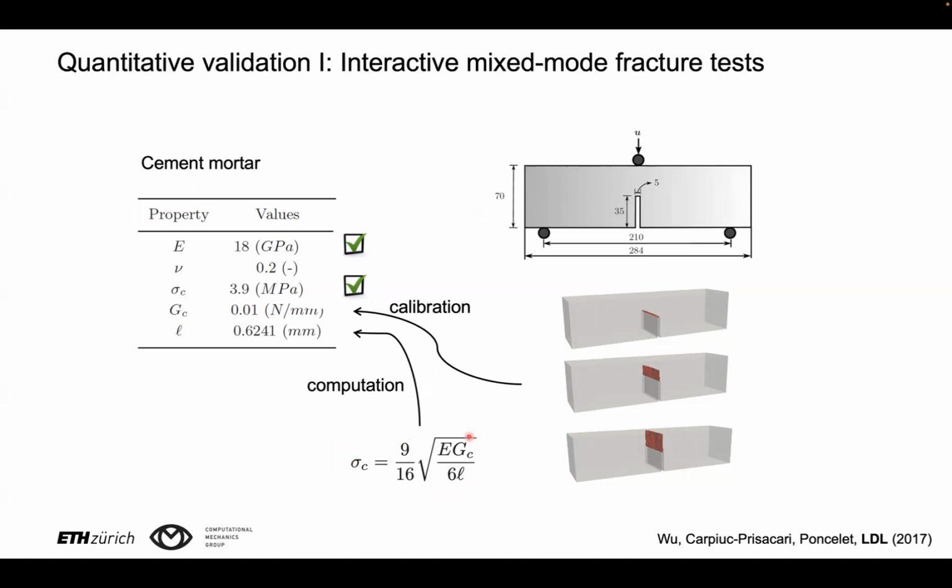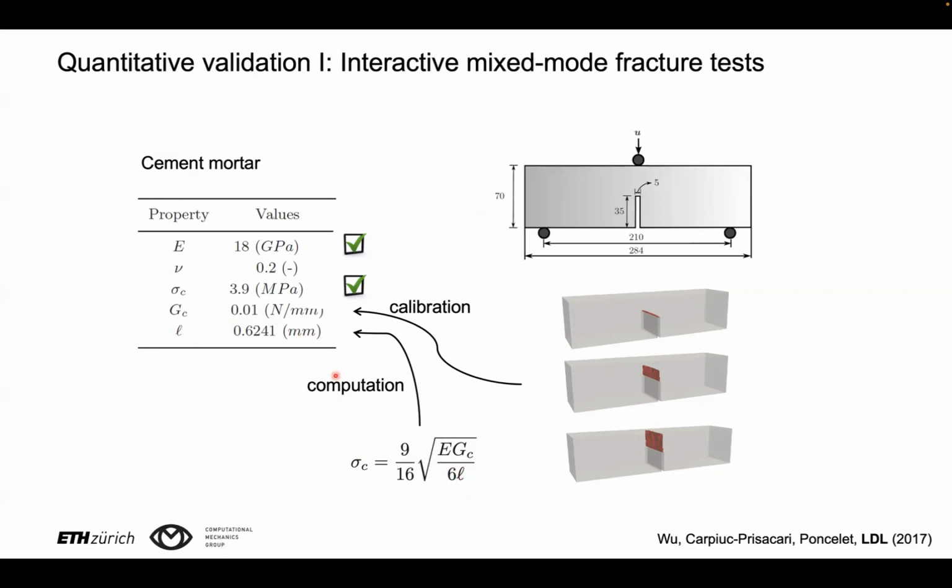But what is maybe essential to say at this stage is that it's possible to find a relationship between the tensile strength of the material, the elastic modulus, the fracture toughness, and the length scale. So after having measured the tensile strength, calibrated the fracture toughness, and measured the elastic modulus, it is basically possible to compute the length scale.